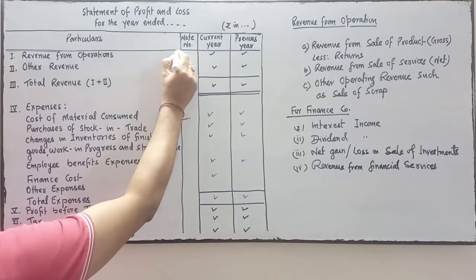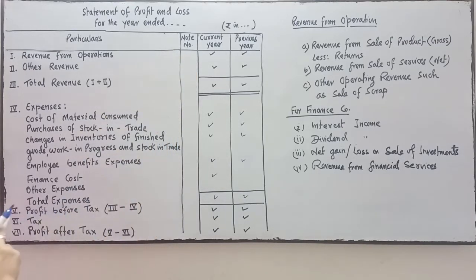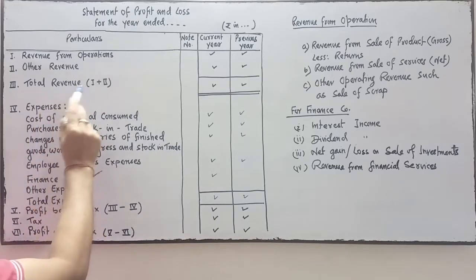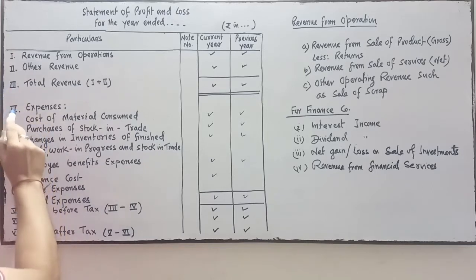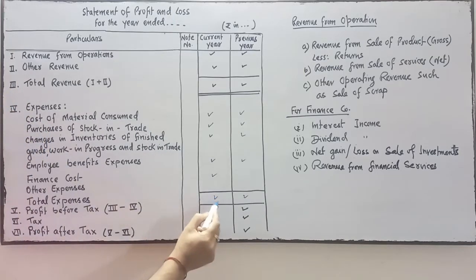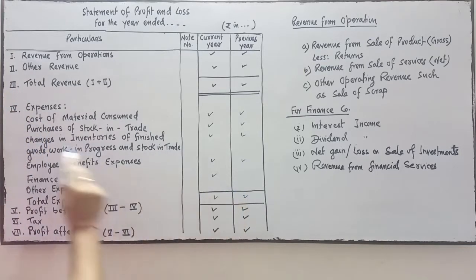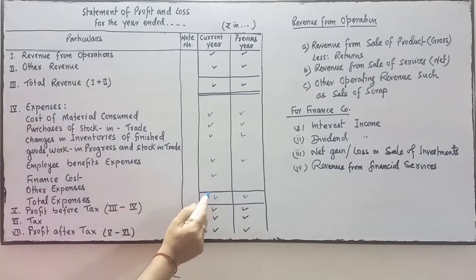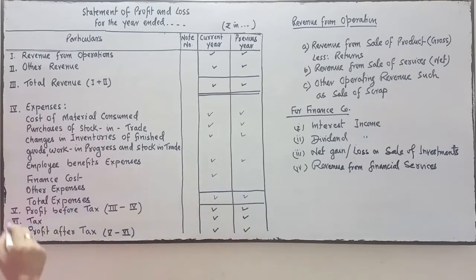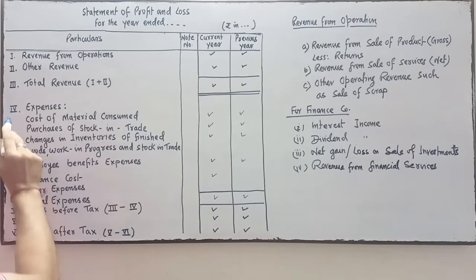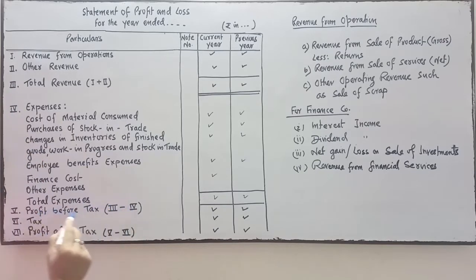Okay, total expenses. Thereafter the fifth number is profit before tax, which means total revenue, this third one, minus the fourth total, which is total expenses. So third minus fourth indicates the profit before tax.